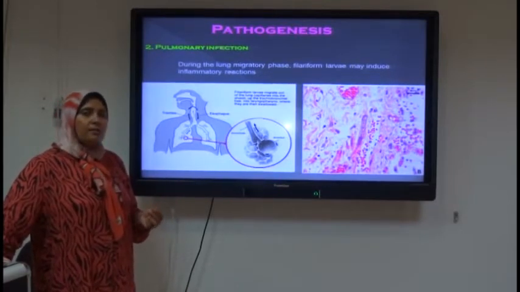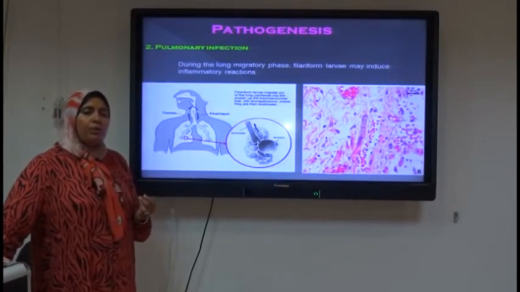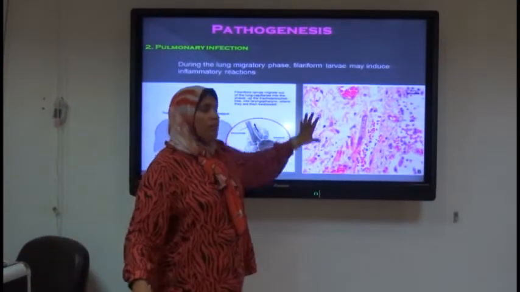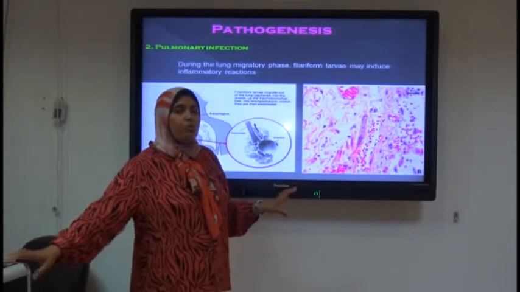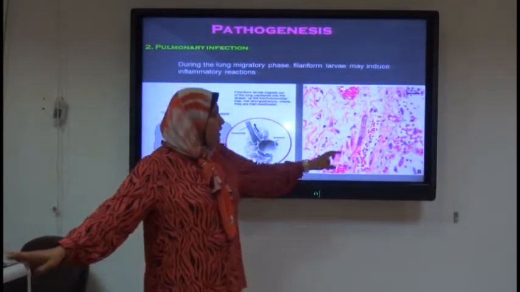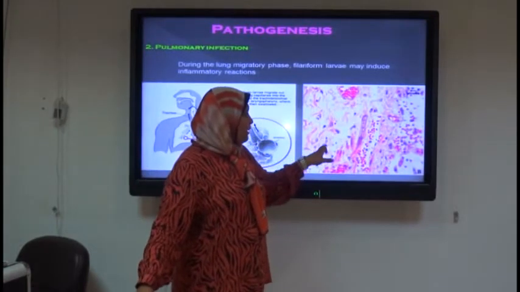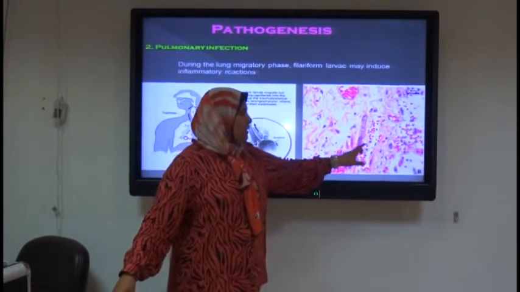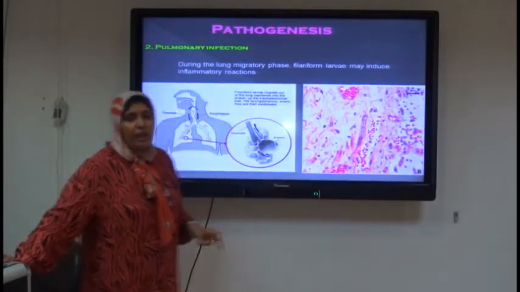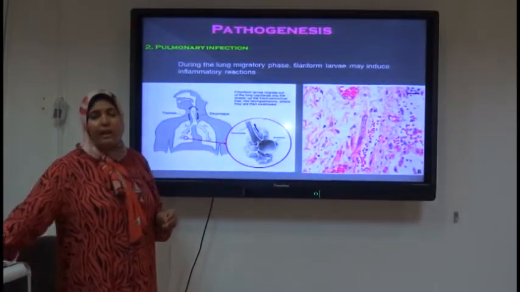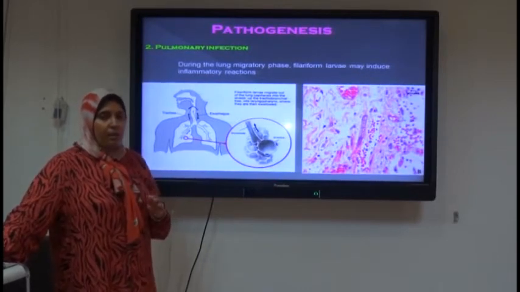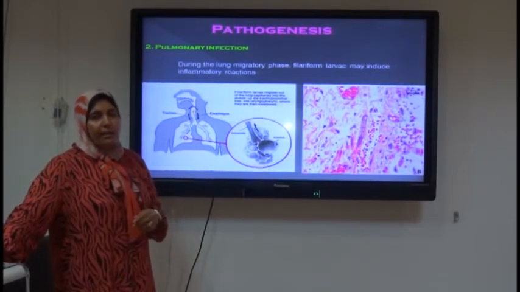And foreign bodies stimulate an immune response. And this is the figure here with the pulmonary tissues, which were supposed to be filled with air spaces, but the case is different here. Here, larvae are inducing an inflammatory reaction and, of course, exudate. And this will affect the lung, and you will see the impact of these pathogenic stages on the clinical picture.